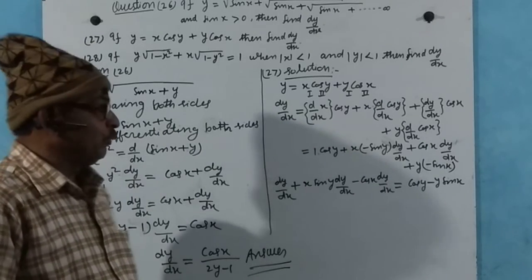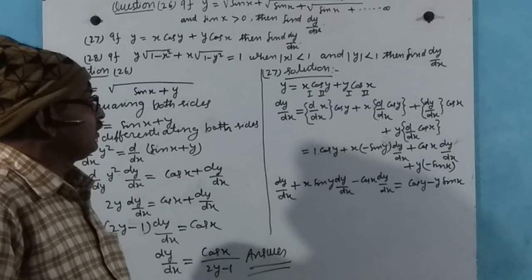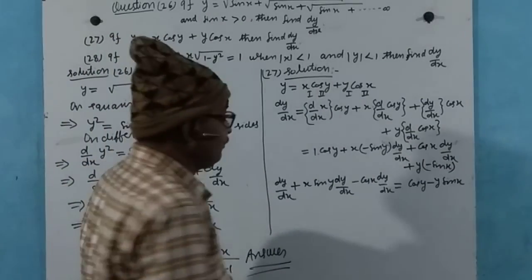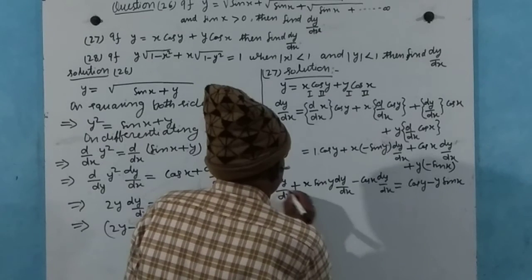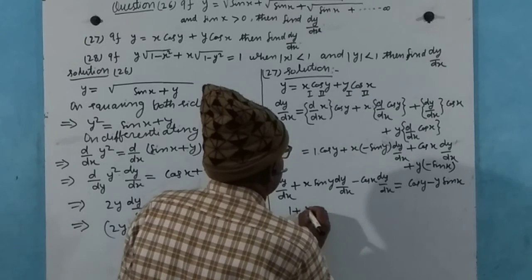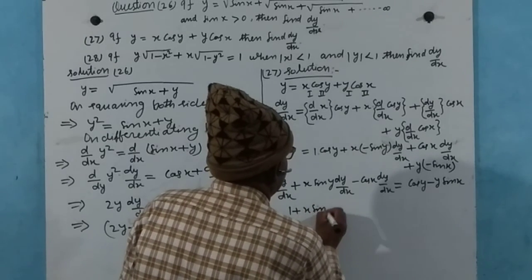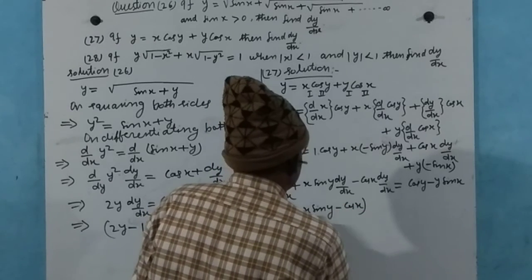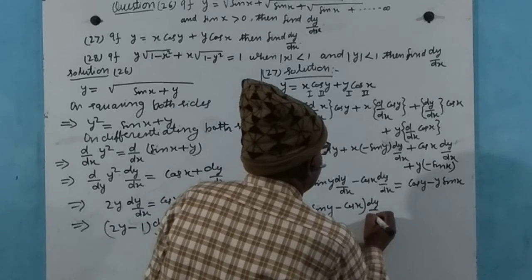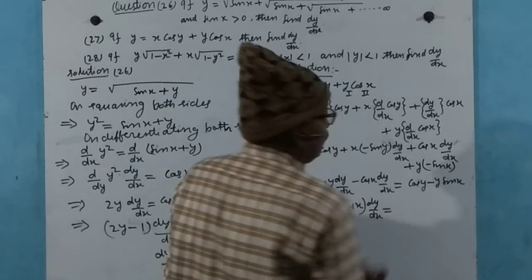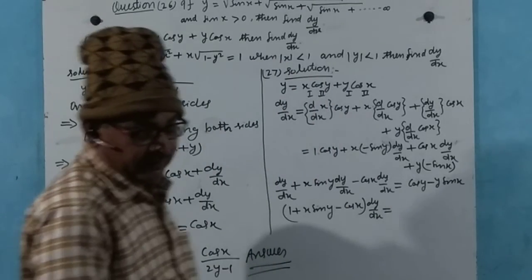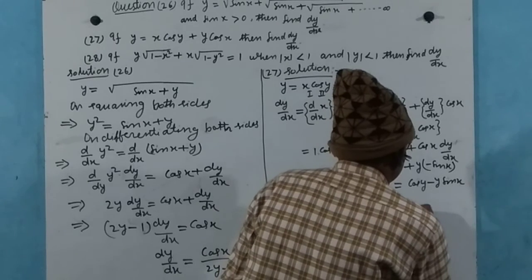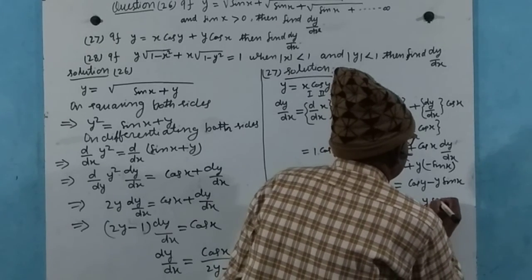Now taking dy by dx common, we get dy by dx into 1 plus x sin y minus cos x equals cos y minus y sin x.